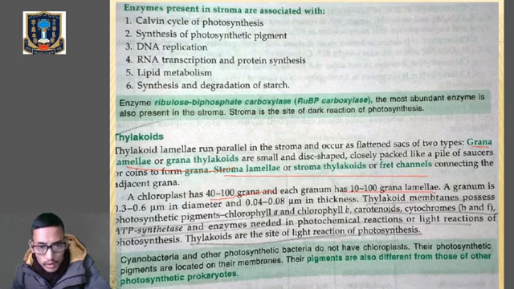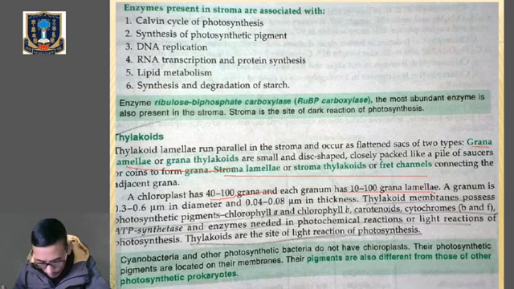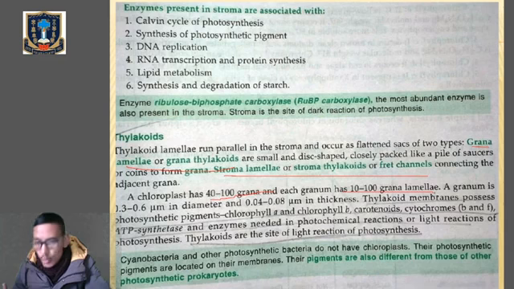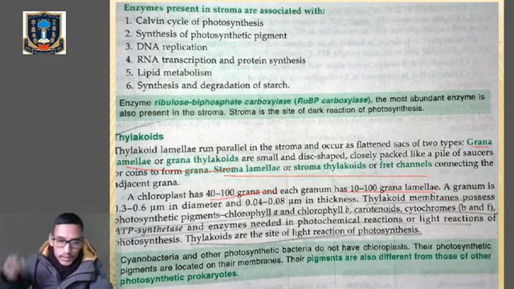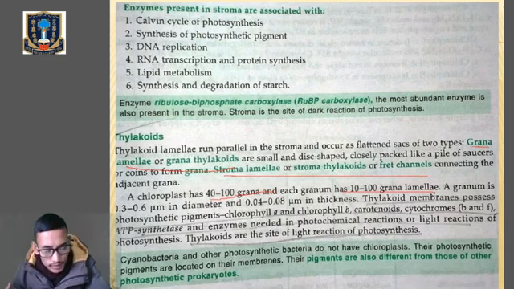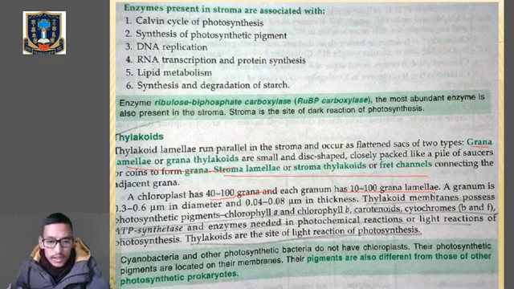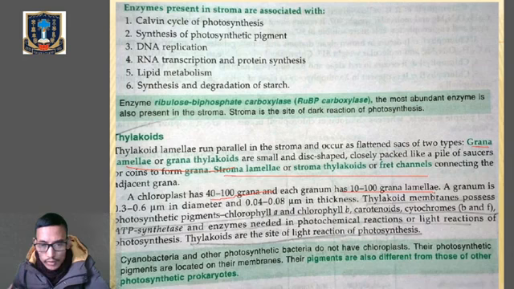The thylakoids are the sites for the light reaction of photosynthesis.